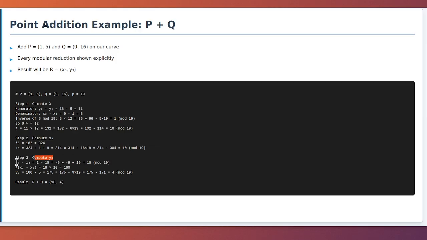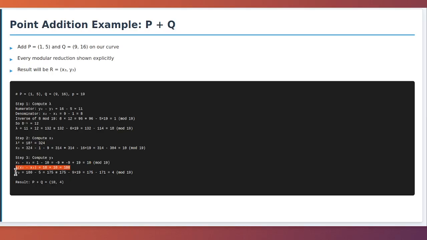Finally, we compute y3. Lambda times (x1 minus x3) minus y1 modulo 19. First, x1 minus x3 equals 1 minus 10, which is negative 9. In modular arithmetic, we add p. Negative 9 plus 19 equals 10. Now lambda times 10 equals 18 times 10 equals 180.